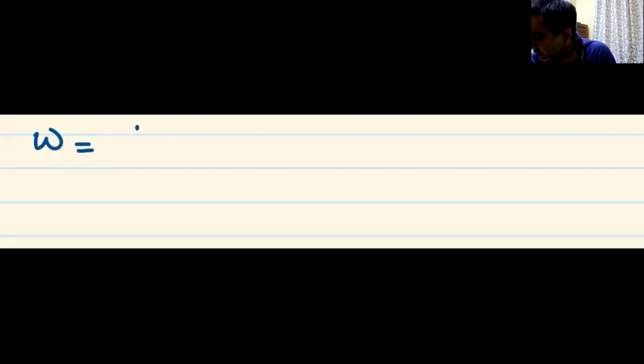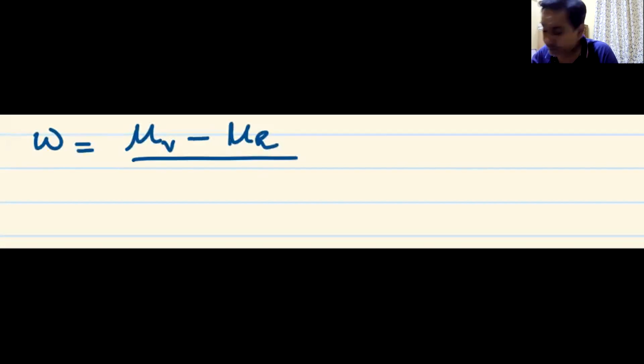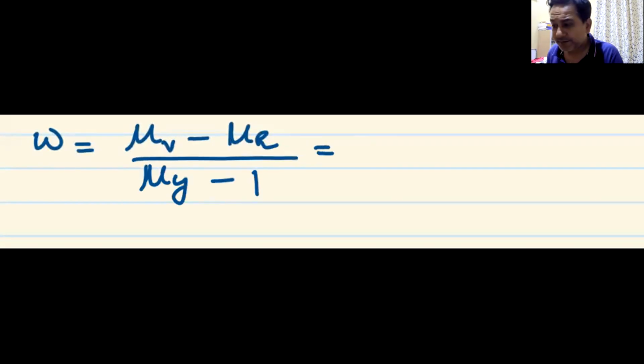So the question is pretty simple. We have to find out the value of dispersive power, which is nothing but omega. We must remember the formula for omega is (mu v minus mu r) divided by (mu yellow minus 1). Do we remember this?